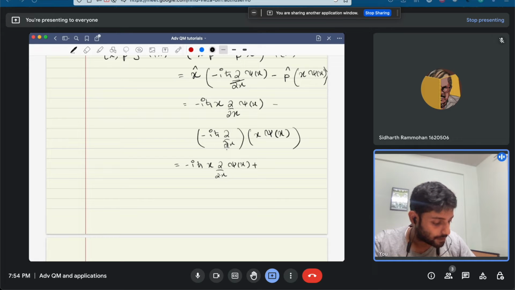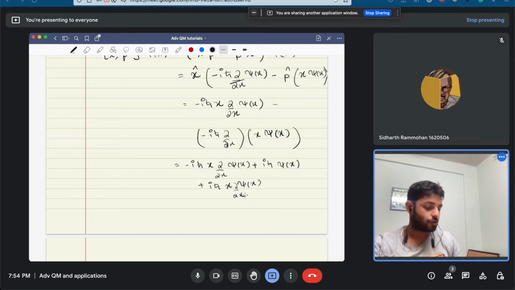So what we will get is plus i h bar psi of x plus i h bar x del by del x psi of x. So first we took the derivative of x, and then we took the derivative of psi of x, keeping x as it is.